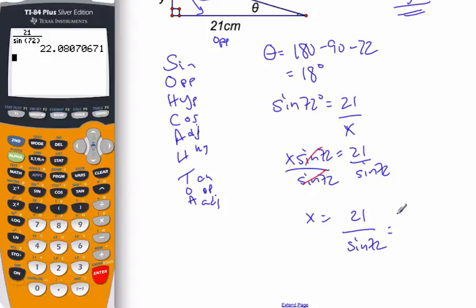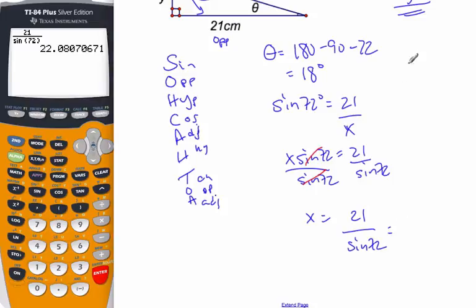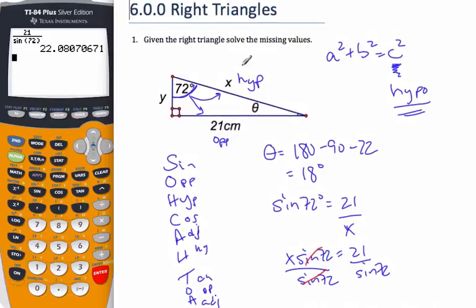And so then my x value is 22.1 centimeters, and that's to three significant figures. All right, so there's x. How could I find my y value?